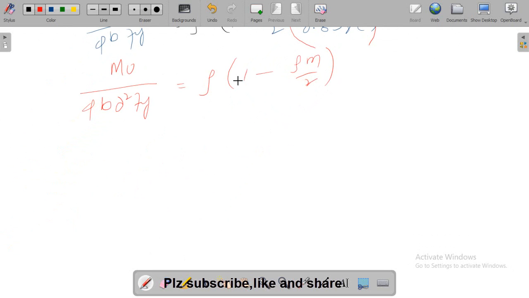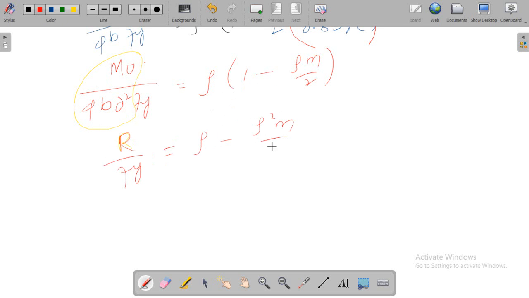And we will multiply this rho. So we will replace this Mu divided by phi Bd square with R. So we have R divided by Fy equals, multiply this rho with 1 minus rho square M divided by 2.